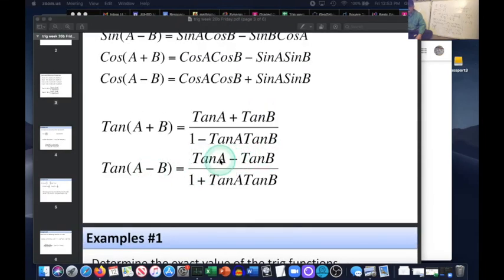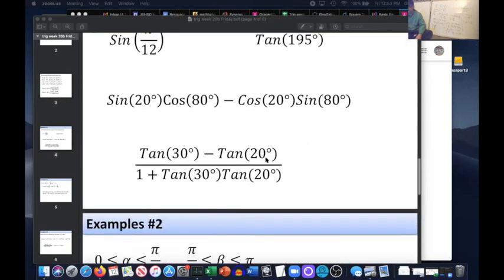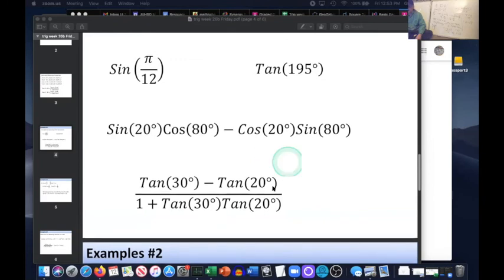And so the first angle is the A, the second angle is the B, so 30 minus 20. So this represents the tangent of 10 degrees. That's what that represents. So these last two aren't too bad once you recognize what it's asking you to do.